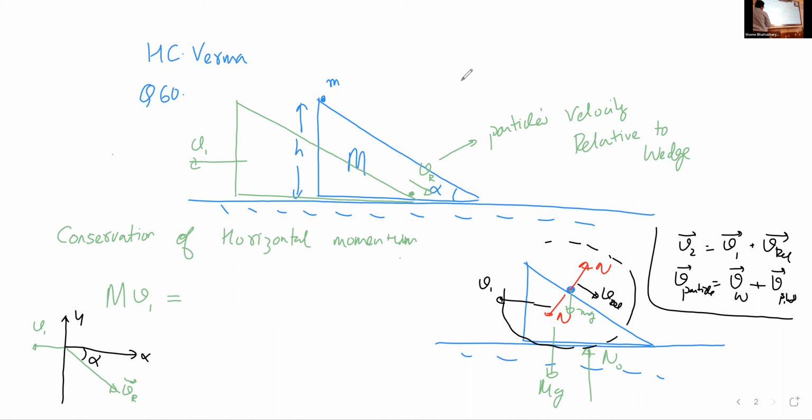Okay. It is the vector sum of these two. So it is VR cos alpha minus V1. That is the particle's velocity in the ground frame.